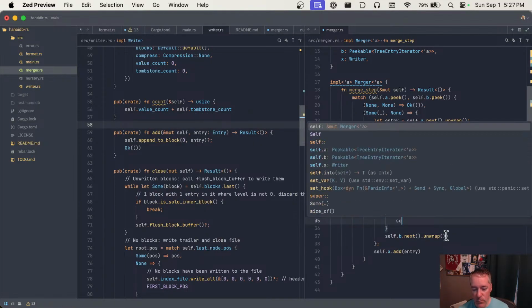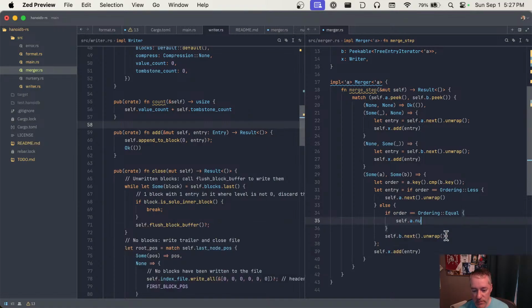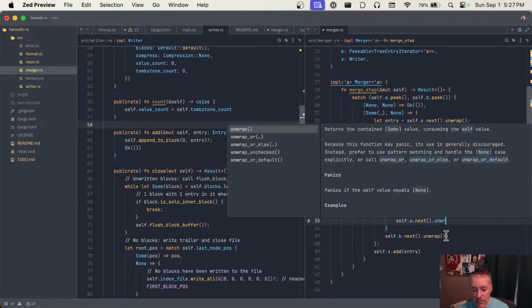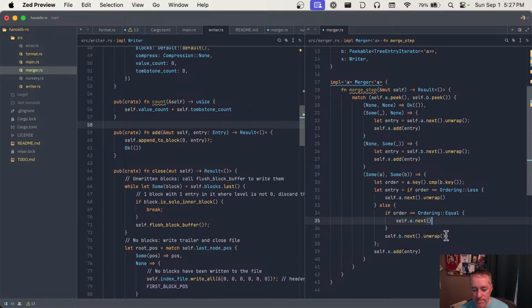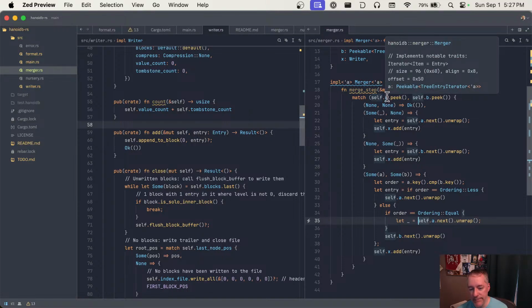Equal, then we want to consume the value from A. Otherwise we leave that unadvanced because this was a peek up here, right?